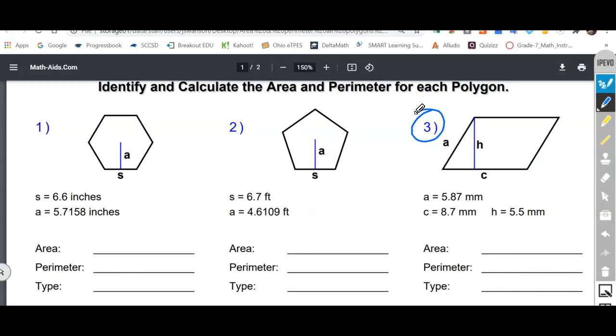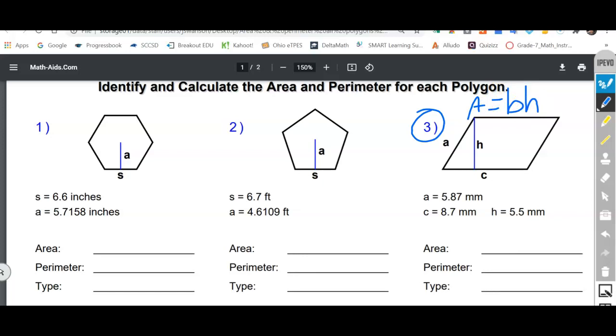If I am working with any parallelogram, it could be a rectangle, it could be a square, it could be a rhombus, okay? Parallelogram, we are going to use the formula A equals base times height. So it's not 1/2 anymore.